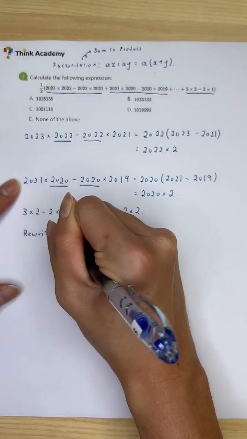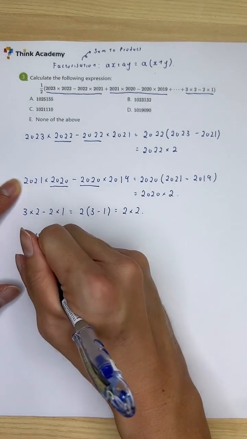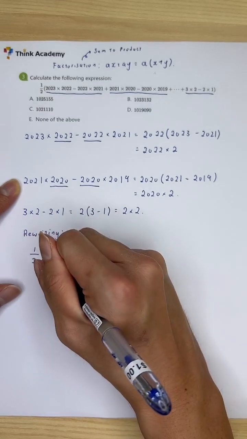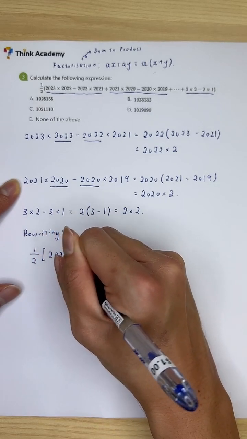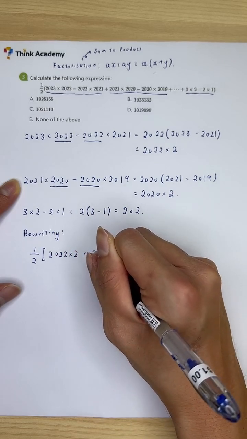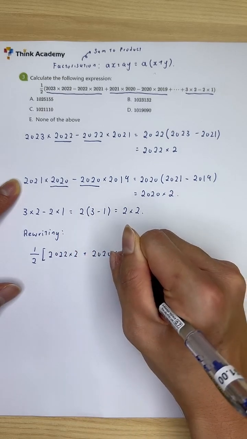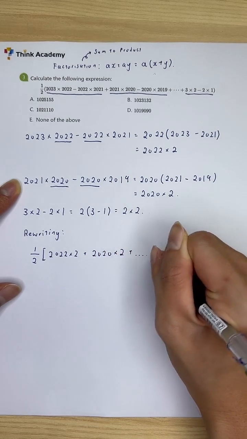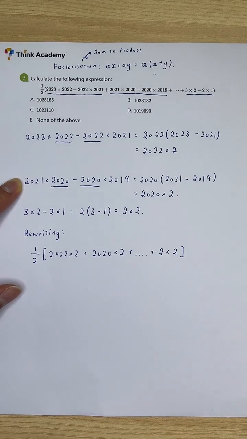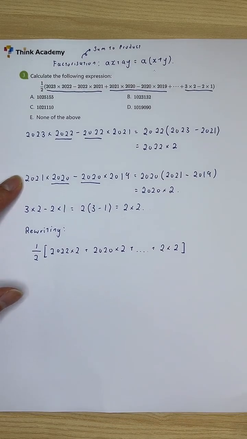we are going to obtain half times 2022 times 2 plus 2020 times 2 plus all the way to 2 times 2. Somewhere along these lines.